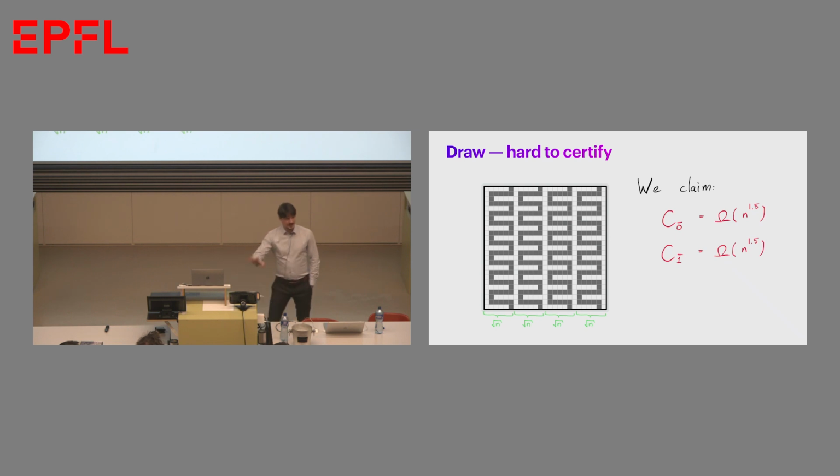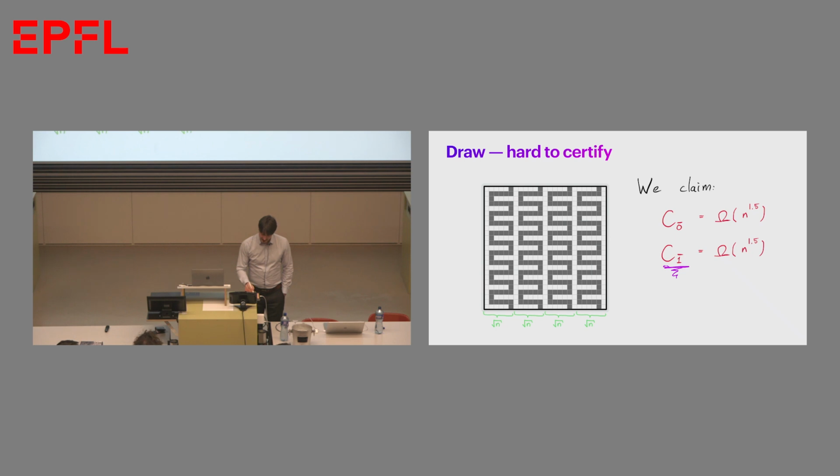The argument for why these numbers work is not difficult. I don't have time to do it here. It's a one-paragraph argument. But let me just now say, how did we circumvent the problem from the previous slide? What would now be a certificate that the first player doesn't win? Previously we looked at a few of the first rows.